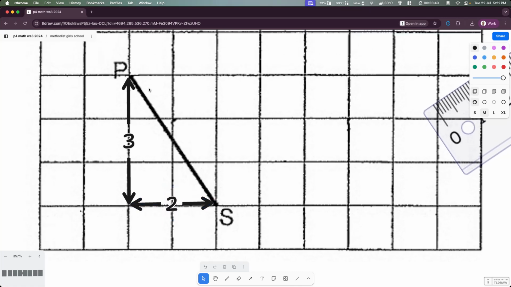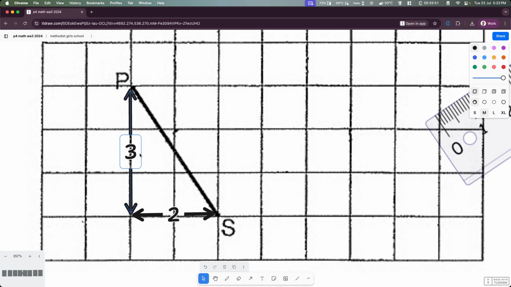So what we need to do is measure 2. Instead of 2 it is 3, so we will do the opposite on the other side. 3 over here, and instead of 3, we will have 2. That's what you see over here.